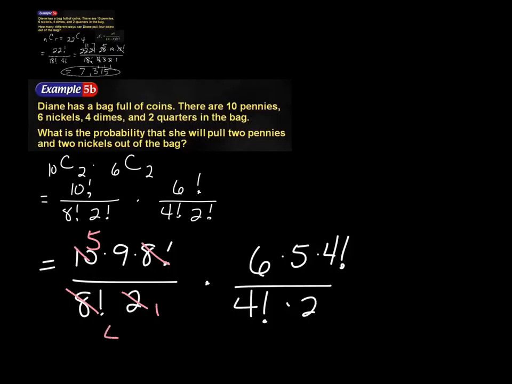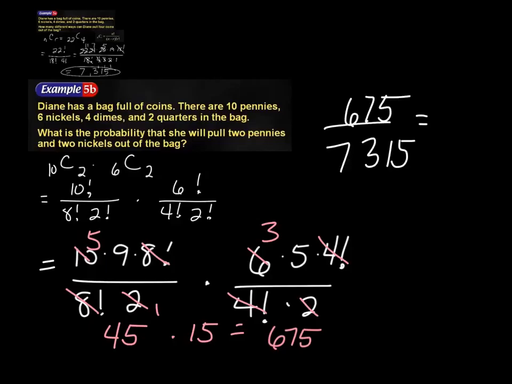So I've got 45 there, and again, the 4 factorial cancels, and the 2 and the 6 will cancel, so I've got 15. So there are a total of 675 ways we could pick out 2 pennies and 2 nickels. So our probability is 675 out of 7,315.